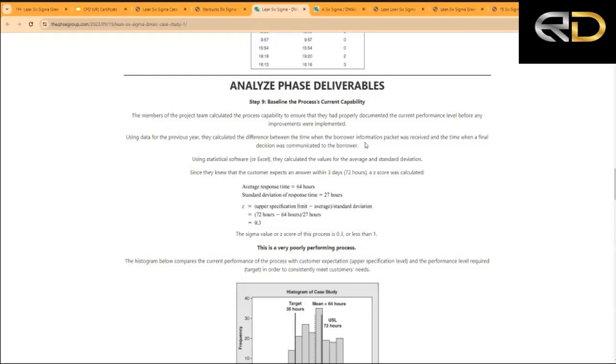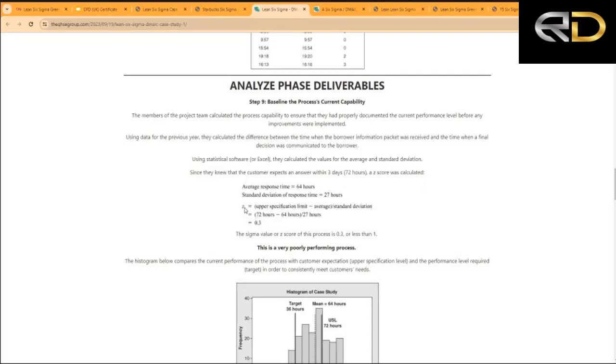So we calculate the difference between when a credit card application was received and the time when we communicated to the borrower. Using statistical software or Excel or the link for Minitab in your toolkit, they calculated the values for the average and standard deviation. Since they knew that the customer expects the answer within 3 days, a Z-score was calculated.